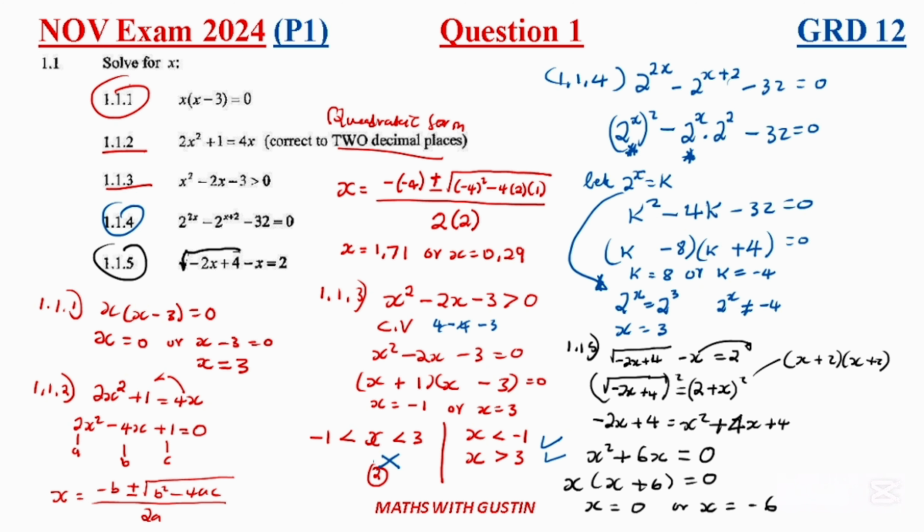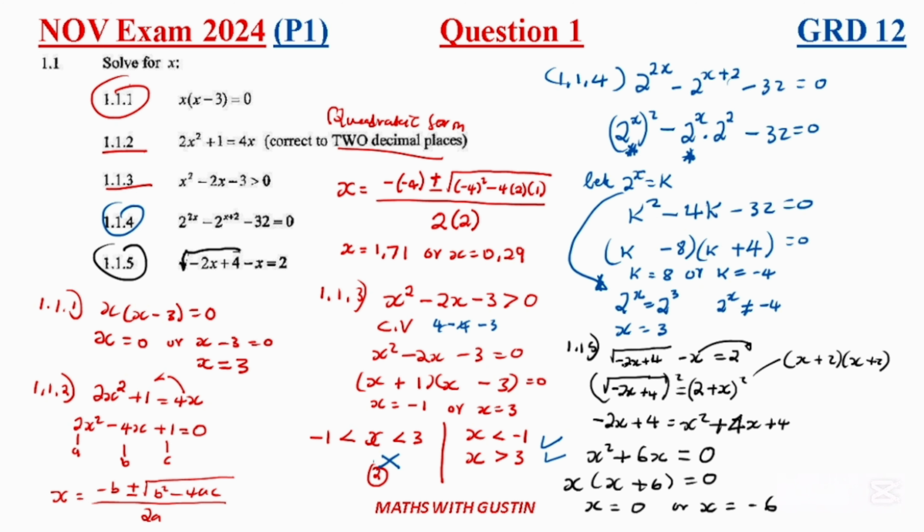All right, so what do we do in this case? We need to substitute it back into the original equation and check if the equation will be satisfied. In other words, if you put 0 here, will it give you 2? Or if you put negative 6 here, will you get 2 or not? You will see that if you put 0 here, you will get the answer 2.